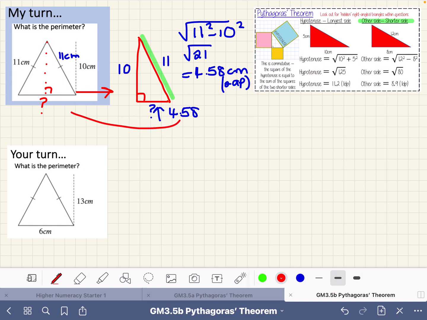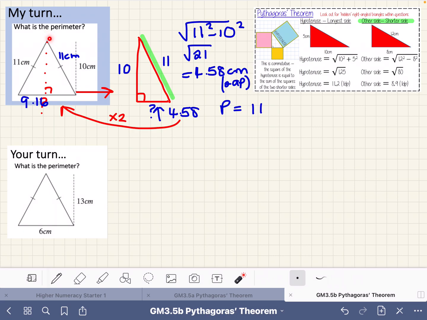Therefore, to go back here, I need to multiply it by 2, which gives me a base value of 9.16. I can now use that to find the perimeter by working my way around the shape as I did before.